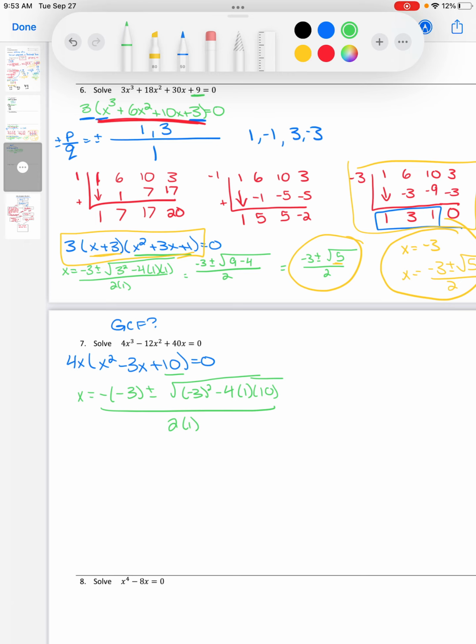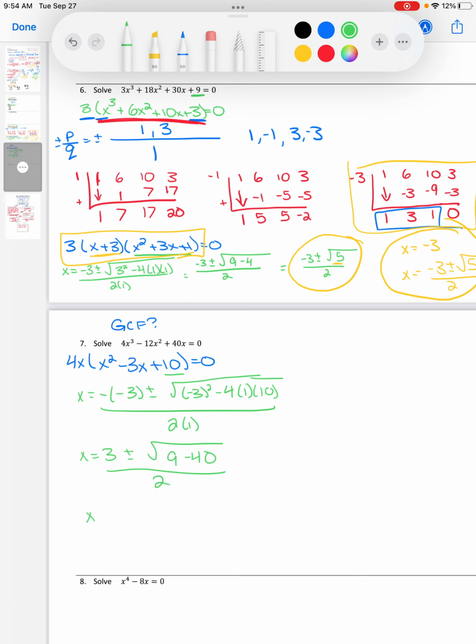And again, let's simplify it. x equals 3 plus or minus the square root of 9 minus 40, over 2.